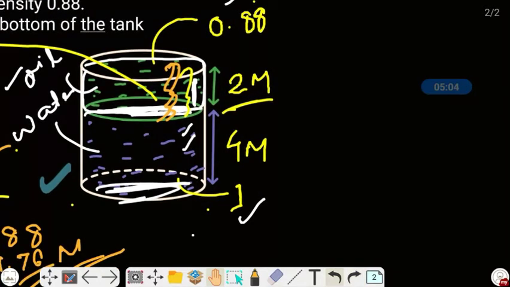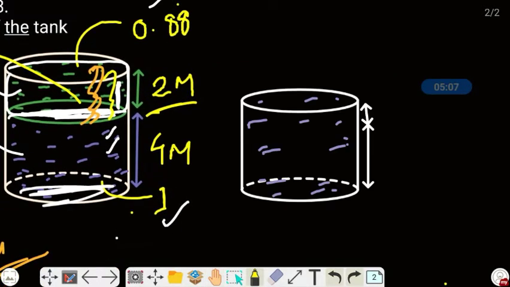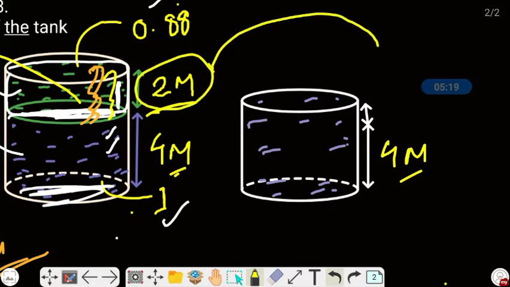This is the equivalent tank, and the 4 meter of water will just remain as it is from the beginning, and we have replaced this 2 meter of oil with 1.76 meter of water. This is 1.76. Now there is only one liquid above this bottom layer, so we can directly apply our rho gh.